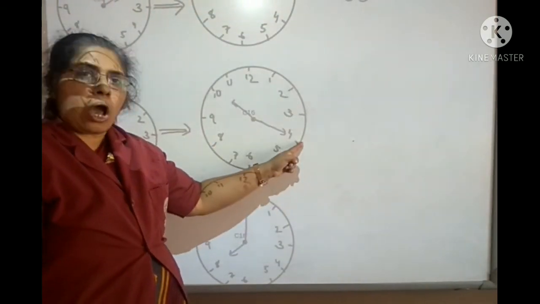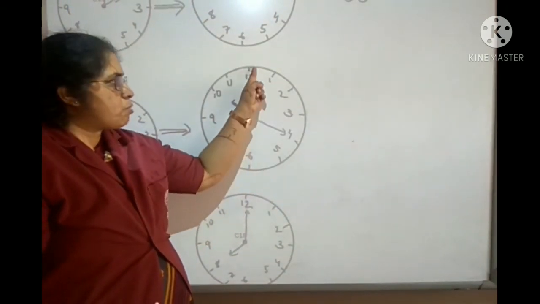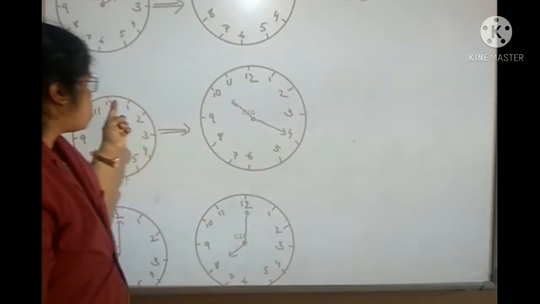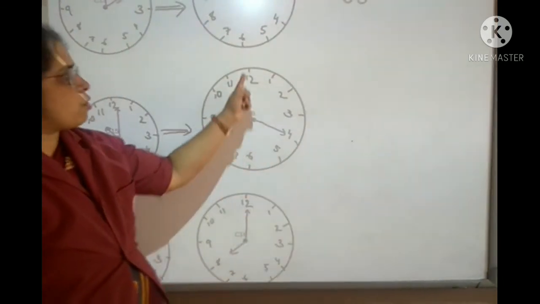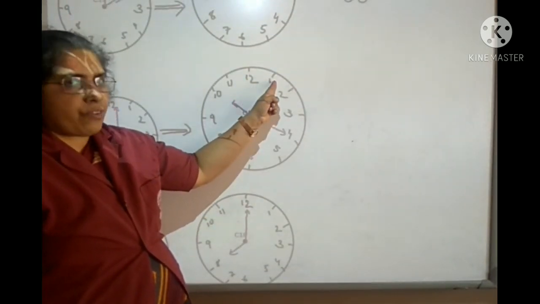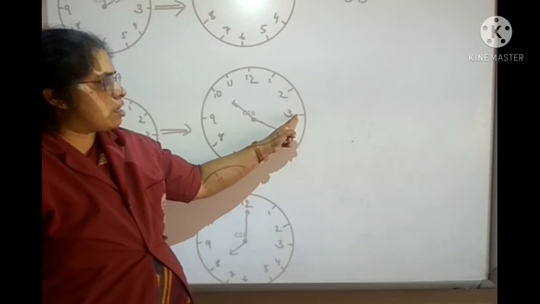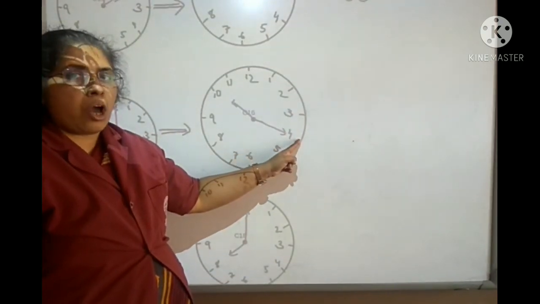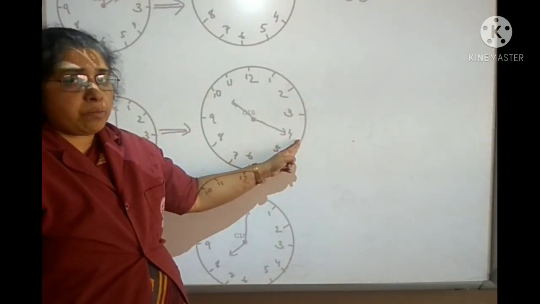From 12 to 4, how many minutes pass? Between 12 and 1, 5 minutes, 10 minutes, 15 minutes, and this is 20 minutes. How many minutes pass? 20 minutes pass.